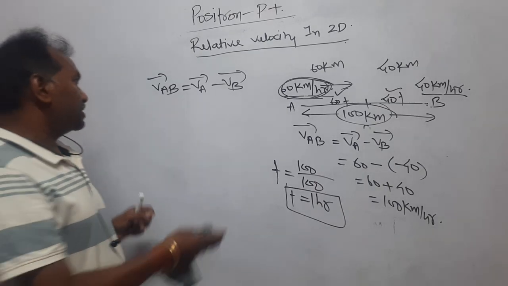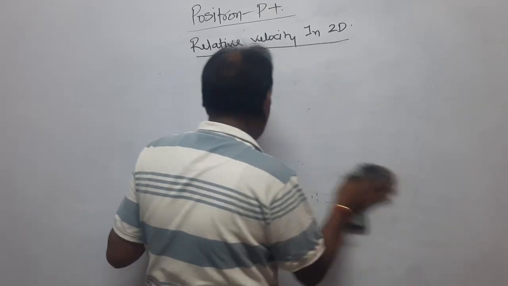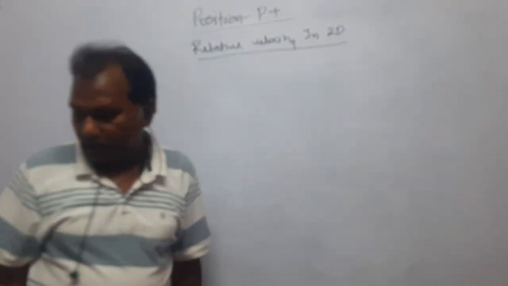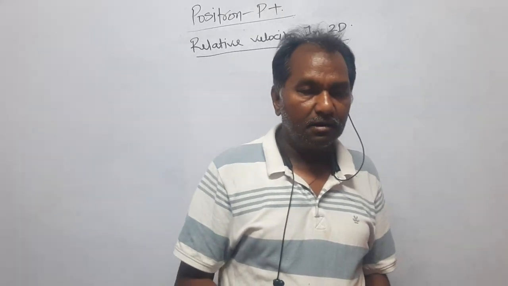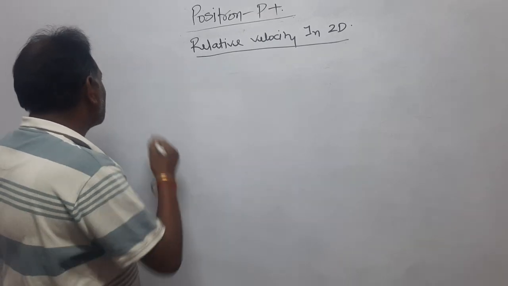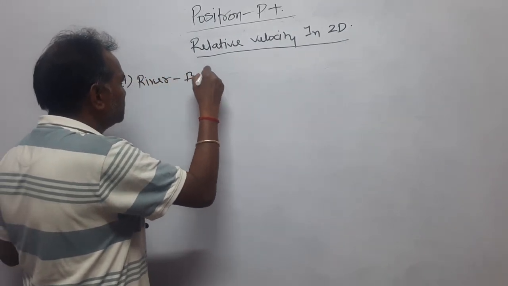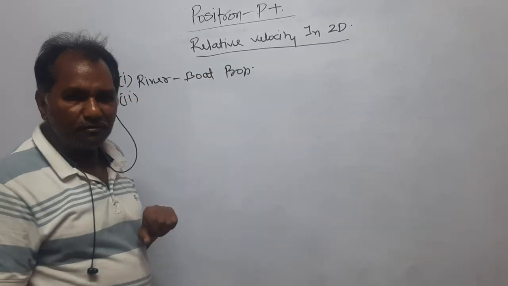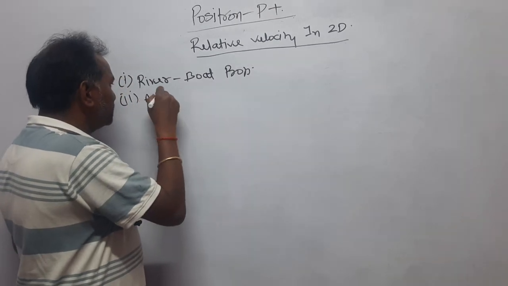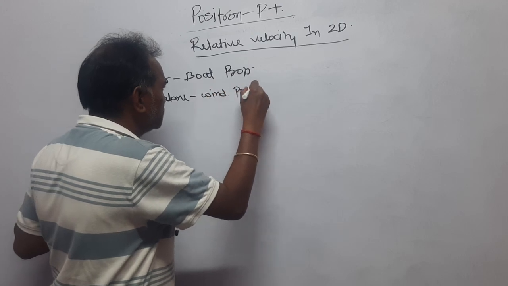Now, very important thing. In relative velocity, the questions that are asked in JEE Mains and NEET are based on three kinds of problems. The first one is a river boat problem. Second is the airplane wind problem. And third one is a rain man problem.